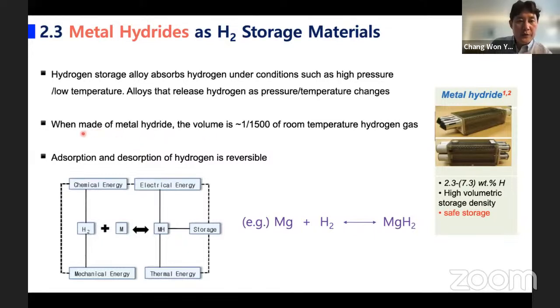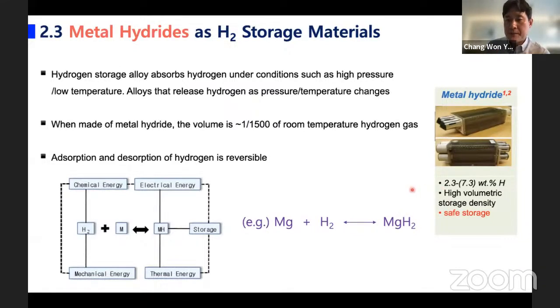Here, when made into metal hydride, the volume decreases to 1/1500 of room temperature hydrogen gas. So you can make a really compact store of hydrogen in a limited volume. In terms of volumetric hydrogen storage density, the metal hydride is one of the best options.